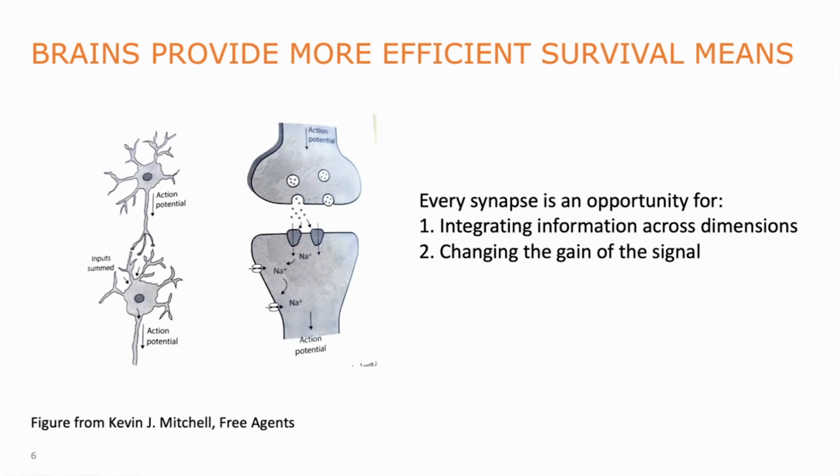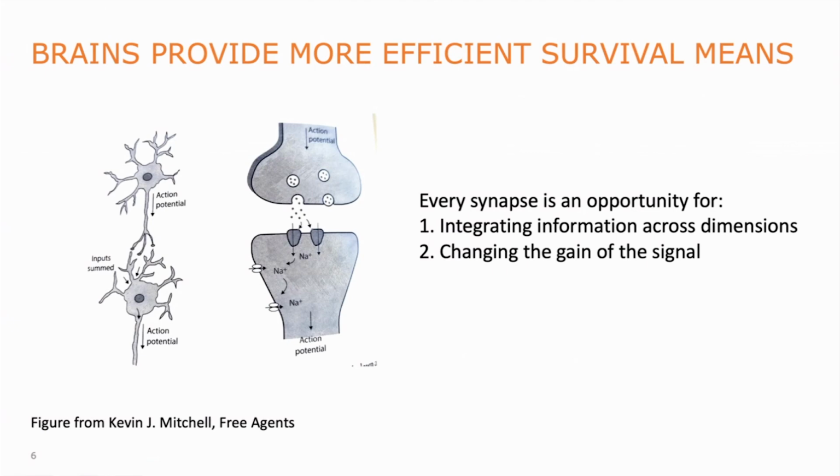Obviously, once we have a nervous system, it provides much more efficient behaviors, much faster responses to the environment, and importantly, integrating of information across many dimensions. So a given synapse, in a sense, becomes a location where information from various sources can be summed up and a decision made on.